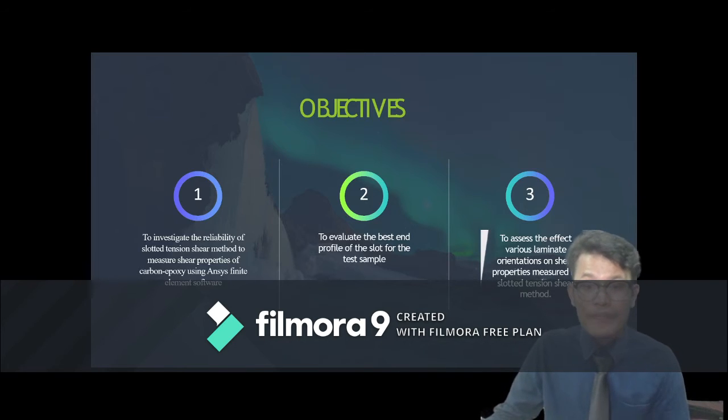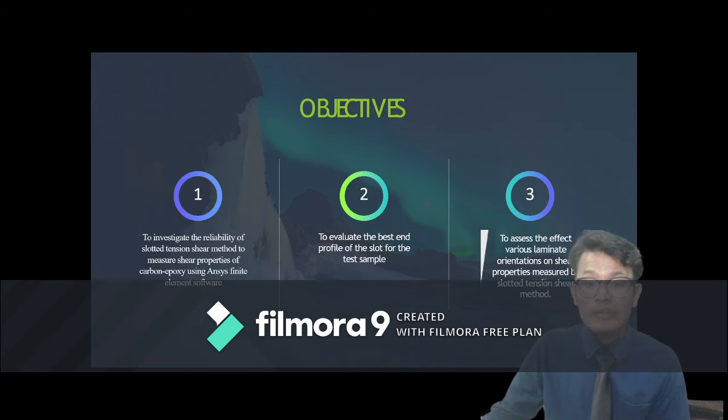In this project, I will use three types of profile to be simulated using ANSYS software. First is round shape, second is V shape, and third is square shape. This is because different types of slots will produce different normalized stress contours.